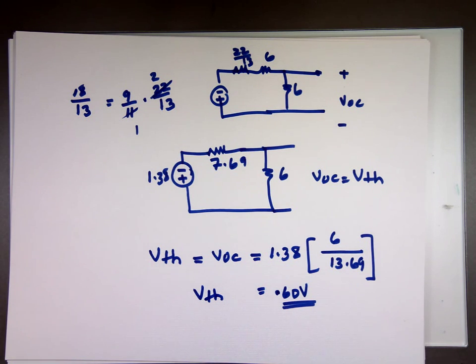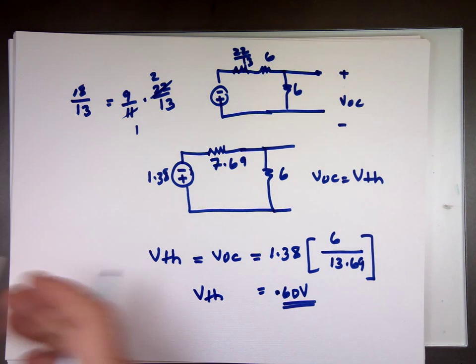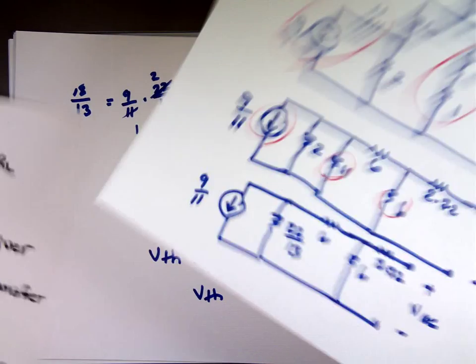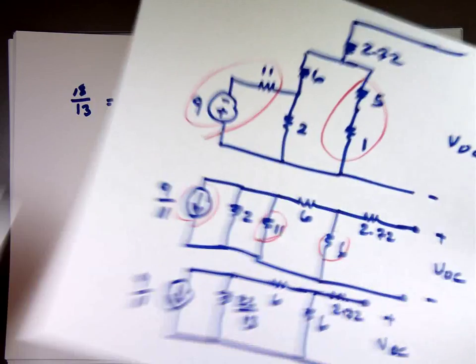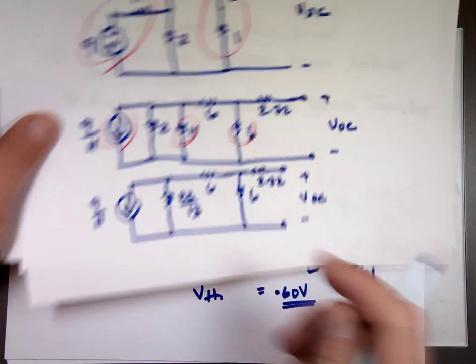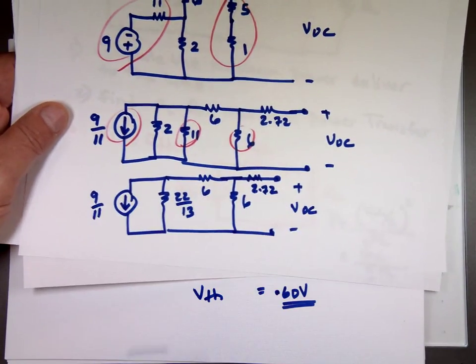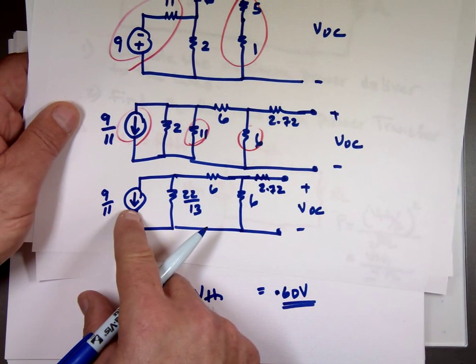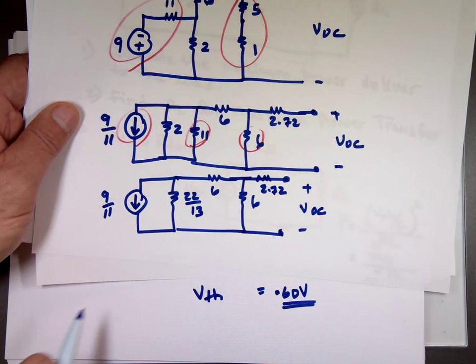Now I need R Thevenin. Remember, I need to find the V Thevenin and R Thevenin for Thevenin equivalent. Here's the good news. Let me go back a couple of pictures back. It really doesn't matter where I look at it, but let me go back right here. When I was right here. Any one of these. What kind of a source do you have here? Dependent, independent, or what? Independent.